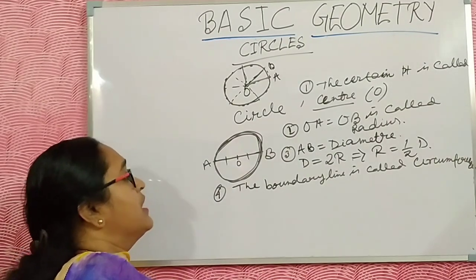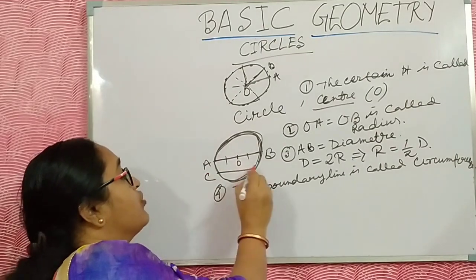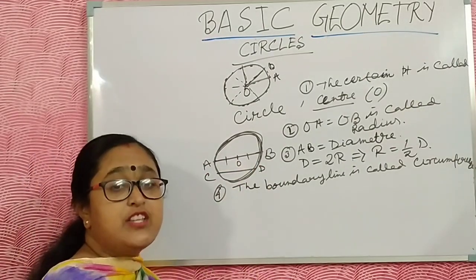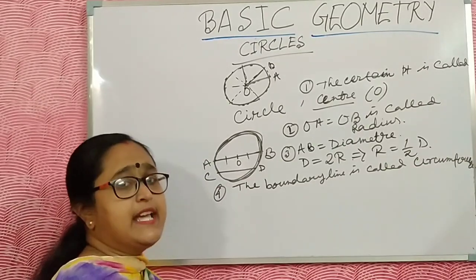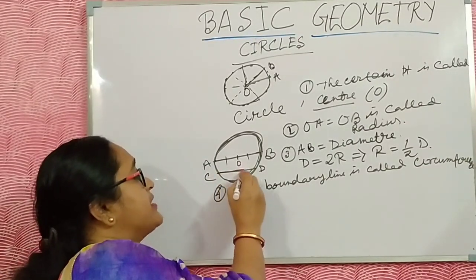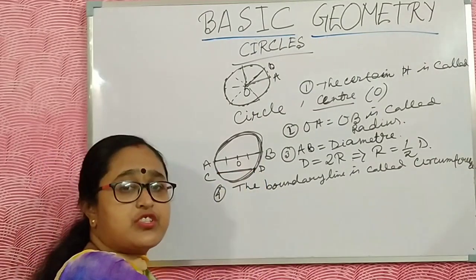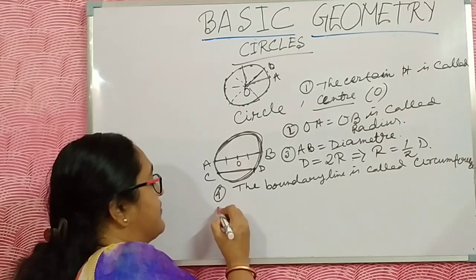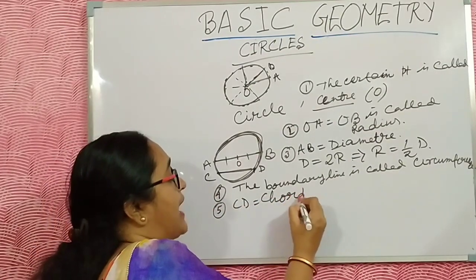And now, the chord. What is a chord? If I join any two points on a circumference, then the line segment joining any two points on the circumference is called the chord. Here CD is a chord.